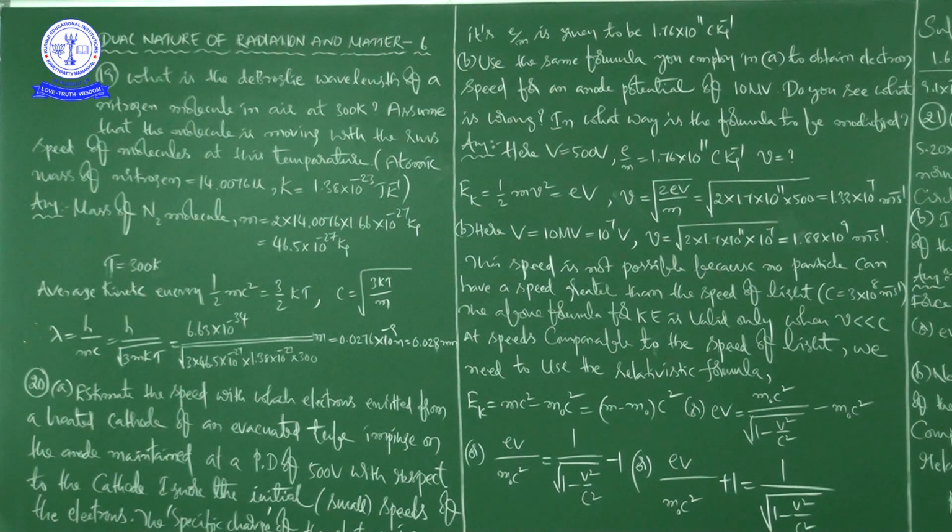Okay, right. So what is the de Broglie wavelength of a nitrogen molecule in air at 300 Kelvin? At this temperature we have to calculate the de Broglie wavelength.